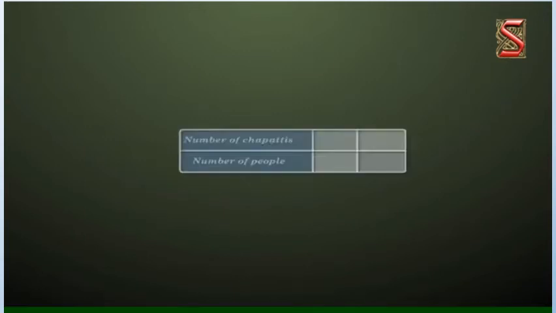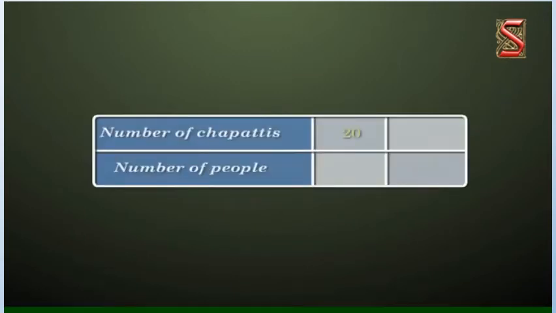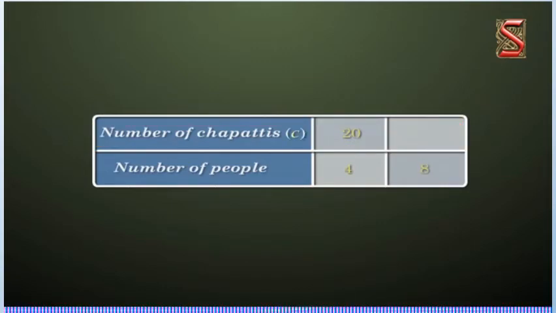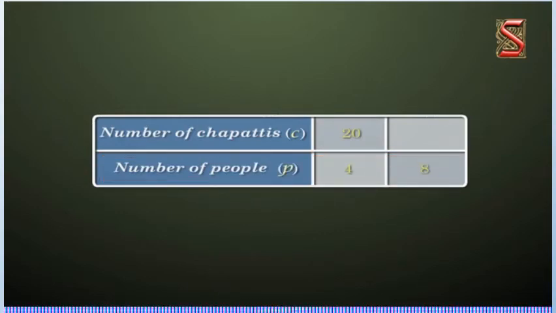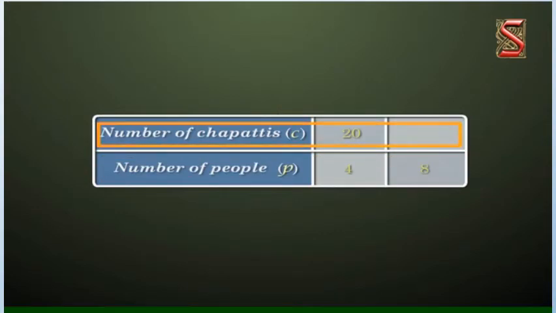Now let us go back to the situation where the lady prepared 20 chapatis for 4 people. Now let us find how many chapatis she has to make for 8 people. Let us assume the number of chapatis to be a variable C and the number of people to be P. Let us assume the number of chapatis needed for 8 people be C8.